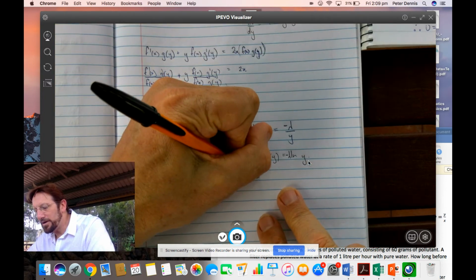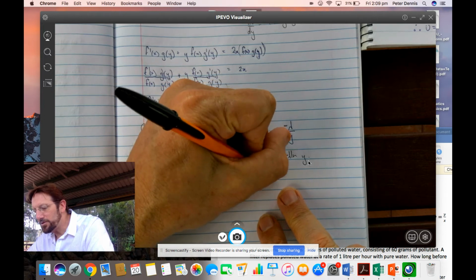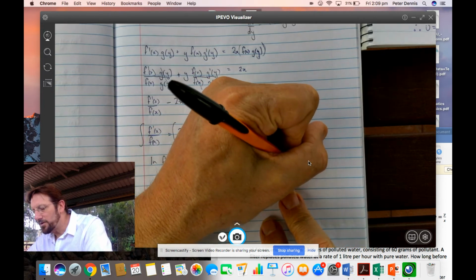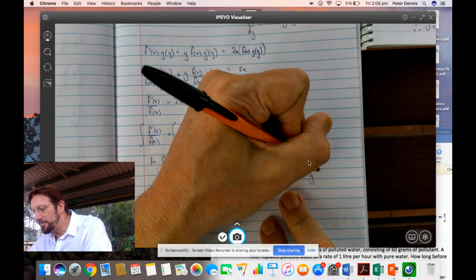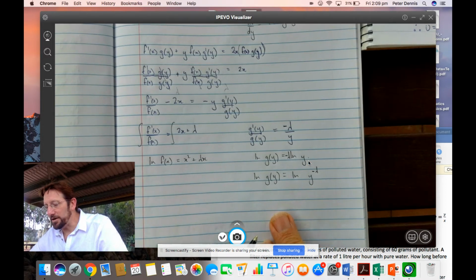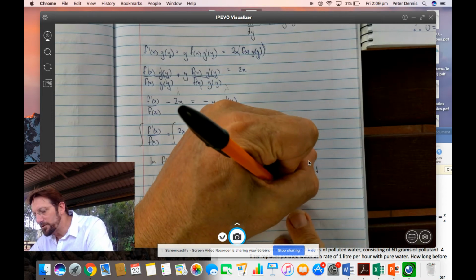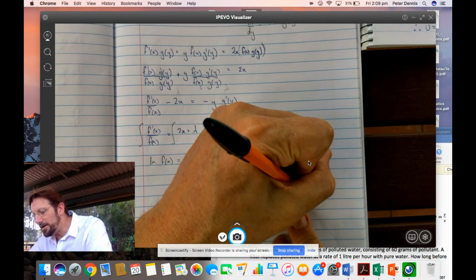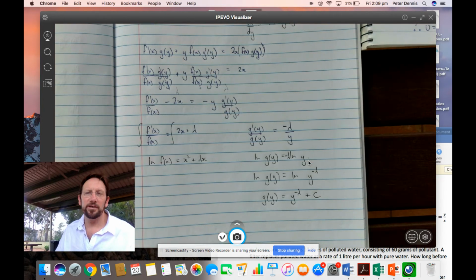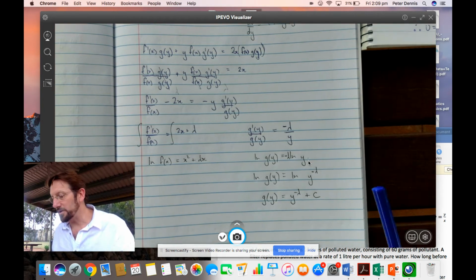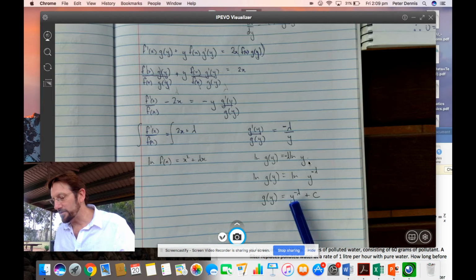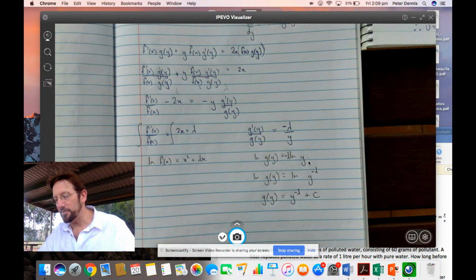And we're going to write that out. Log of g of y equals the log of y to the minus lambda. So straight away we can say that g of y equals y to the minus lambda. And let's put our plus c on this side. Doesn't matter where we put our plus c. We need to put it somewhere. Let's put it on that side, because that side to me looks pretty easy at the moment.